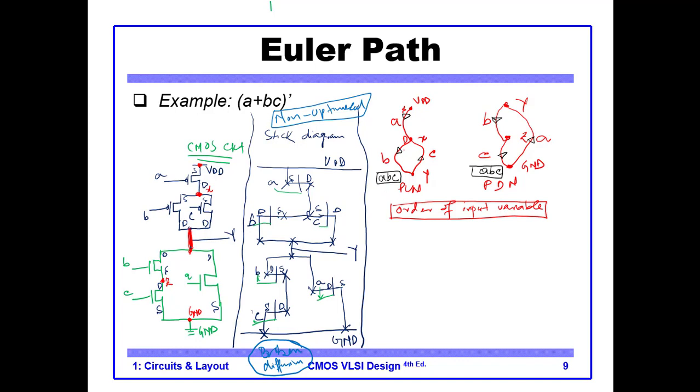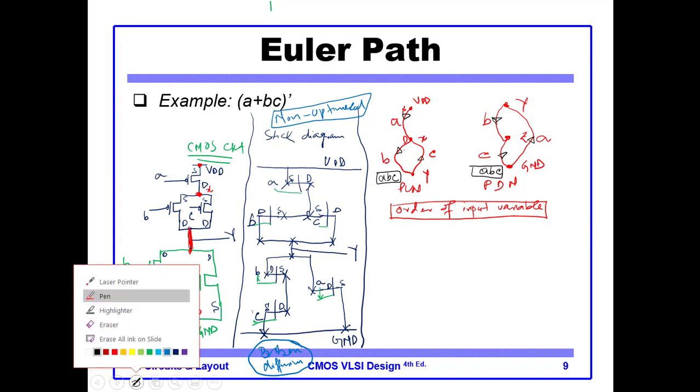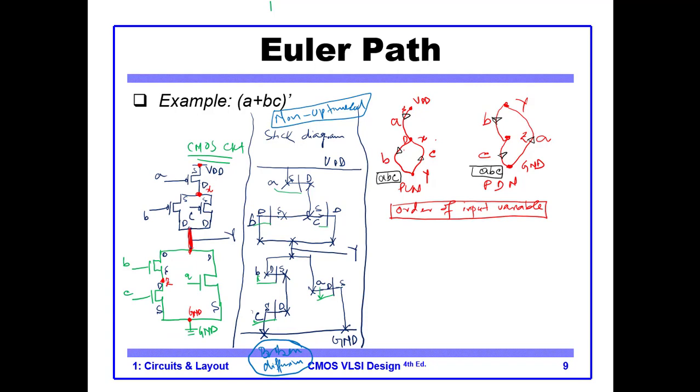There can be another solution. For example, let's say that I want a different path. Let's say I start from C. Last time I started from A, so now I start from C. If I go from C, let's say, to A, I covered this edge once.